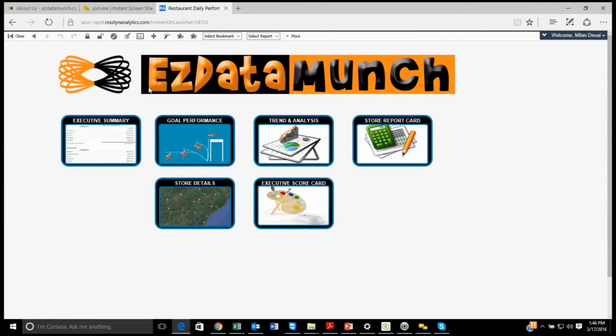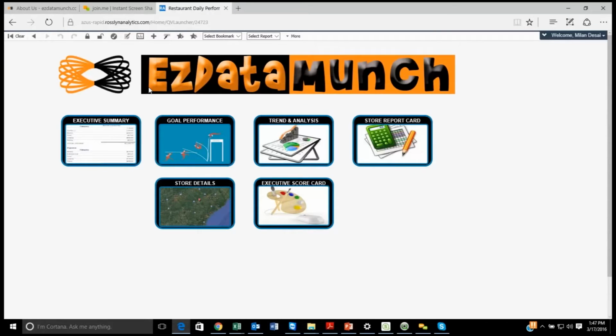Every time a sale happens within your store, we collect this data directly from your POS system and other systems at a frequency of 10 to 15 minutes. Every 10 to 15 minutes, we add that data into our application, refreshing it, so it is always current. You're looking at data that is accumulated throughout the day.